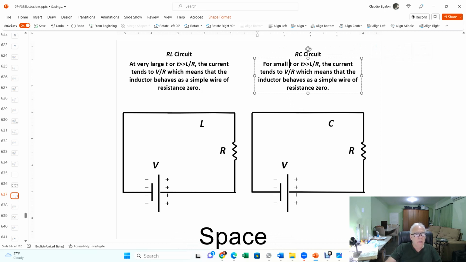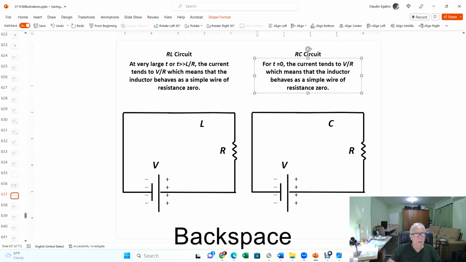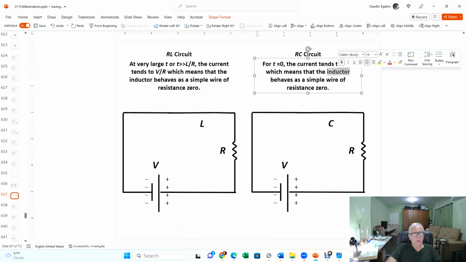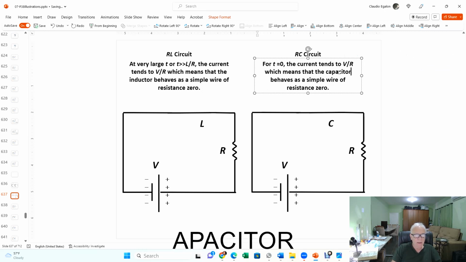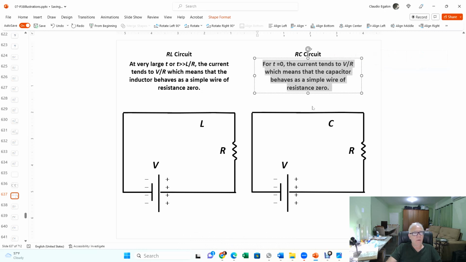Small t, for t equal to 0, the current tends to V over R, which means the capacitor behaves as a simple wire of resistance 0 as well. See that? It's all switched, right?